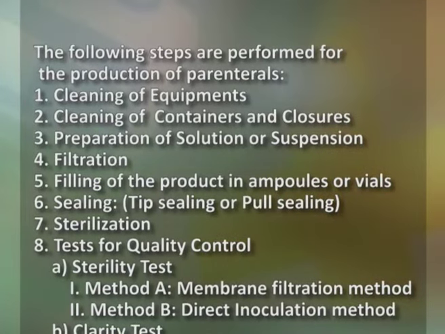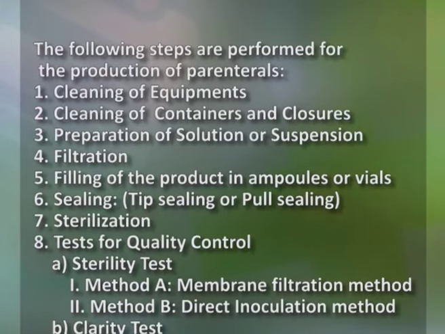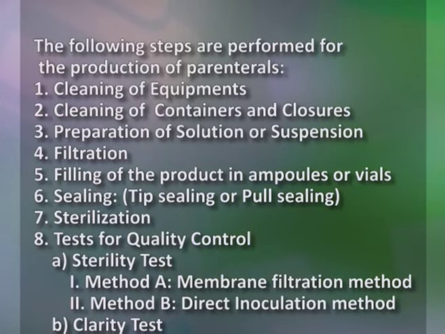Now we will see production of sterile products. Sterile products are of two types, parenterals and ophthalmics. Parenterals are again of two types, large volume parenterals and small volume parenterals. The following steps are performed for the production of parenterals. First is cleaning of equipments. Second is cleaning of containers and closures.